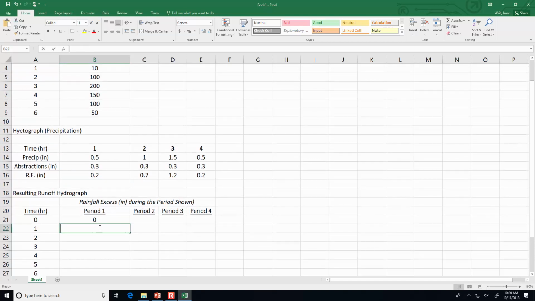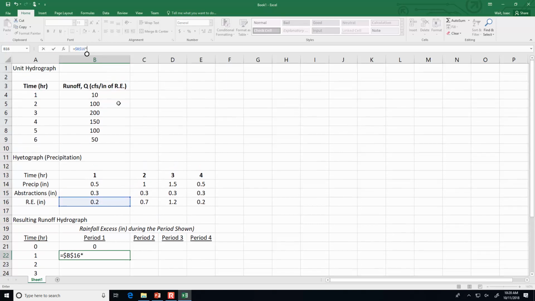All right, so let's do this. Equals 0.2. And we got to anchor that reference, so I'm going to put the $ sign just in front of the numbers. Well, I'll anchor the whole thing because I'm not going to be able to just copy and paste anyway. So 0.2, anchor it, times, scroll up here to the 10 because that's what corresponded to hour 1.